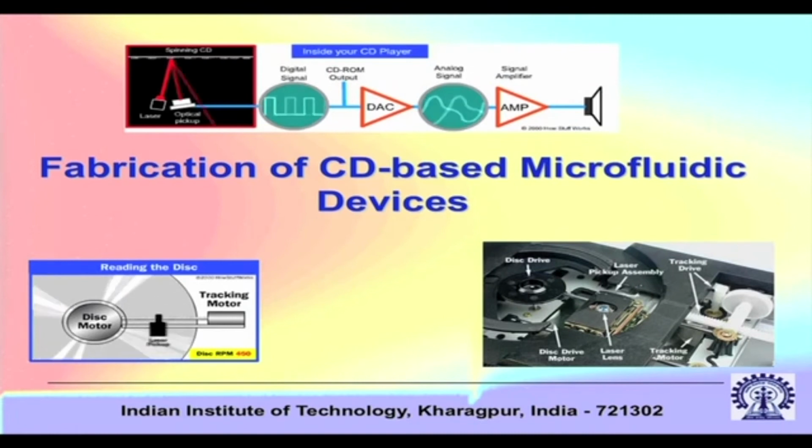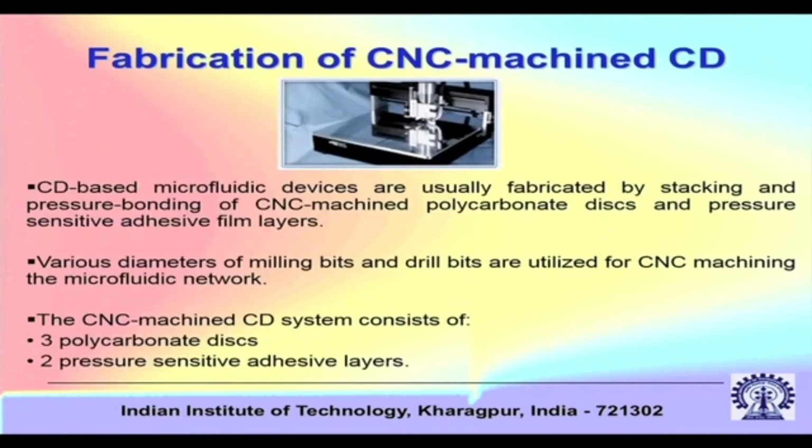Fabrication of CD based microfluidic devices, I will not get into the details of this because we have already discussed it in the previous lecture. So these might be in your mind already. These are usually fabricated by stacking and pressure bonding of CNC machined polycarbonate discs, and various diameters of milling bits and drill bits are utilized for CNC machining the microfluidic network.